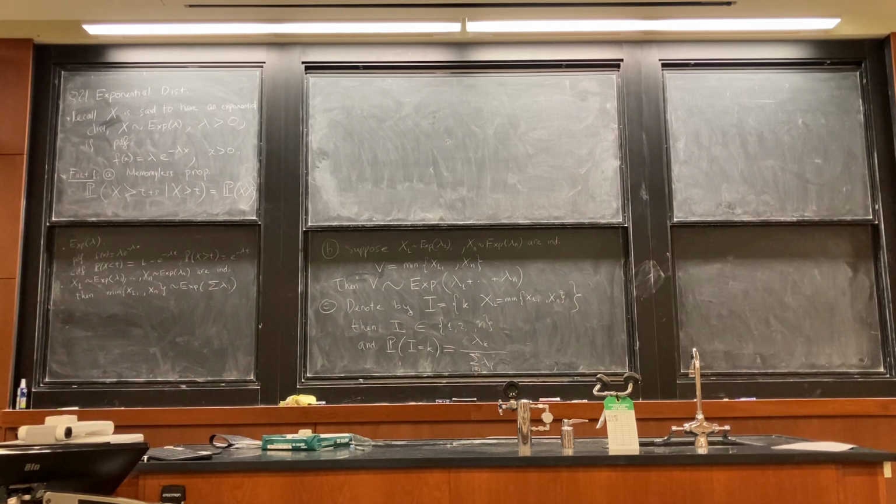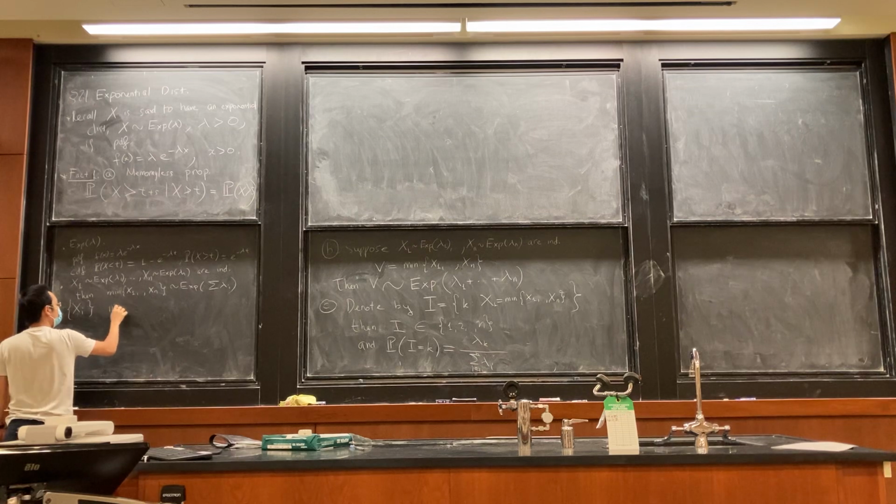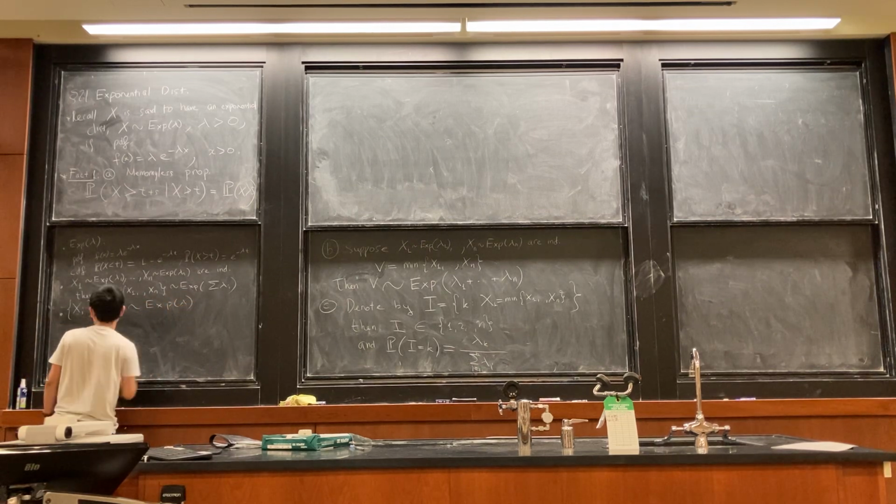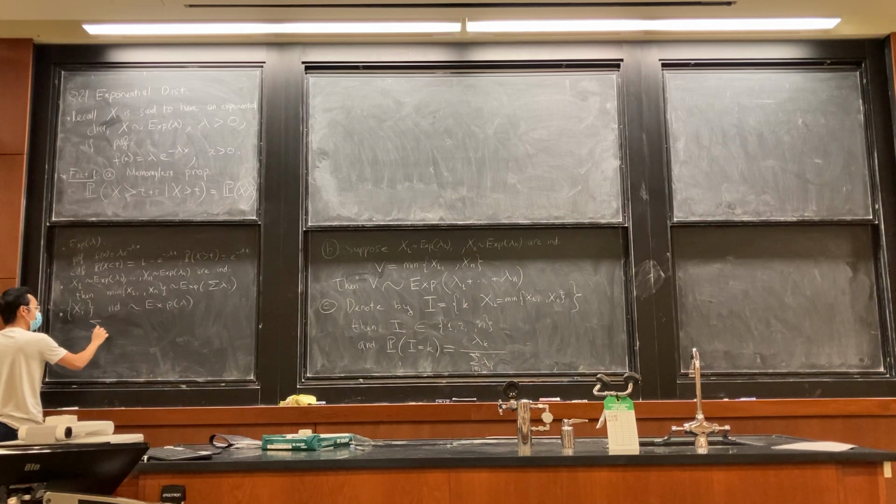Suppose I have Xi IID exponential lambda, then the sum of them, as i goes to n, is what? A gamma.